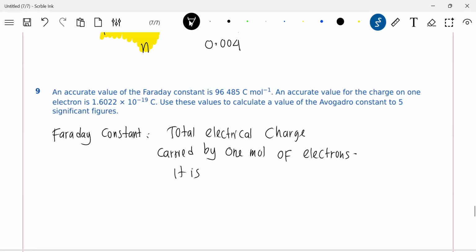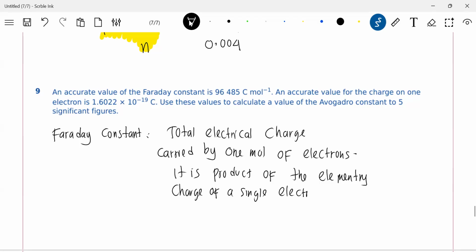It is the product of the elementary charge of a single electron, E, and also the Avogadro constant, which we symbolize with Na.